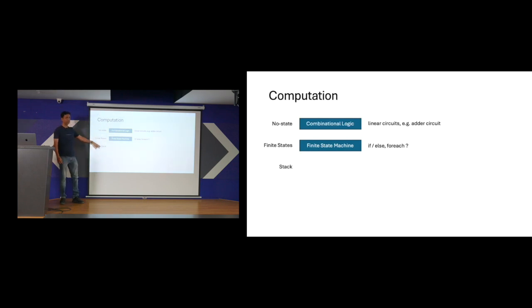So when you have stack available, just like the moment we had finite state available, you were suddenly able to implement if else. There's no way you could have implemented if else in the zero state scenario. Running a Java code: is all kinds of Java code possible just with stack alone?